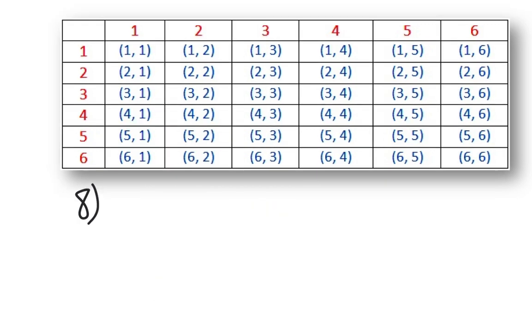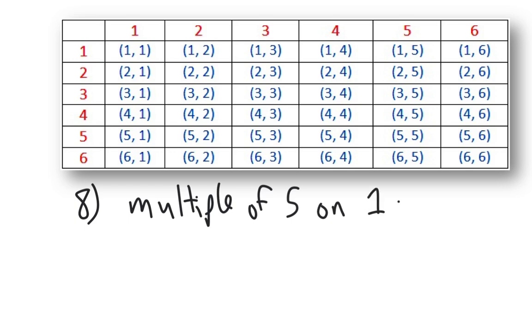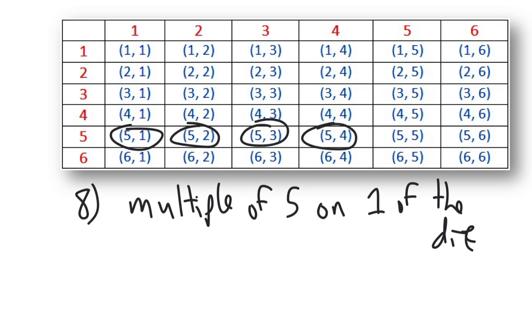Number 8, they want the probability of rolling a multiple of 5 on one of the die. So in other words, if we get a multiple of 5 on just one, so we want a 5, but we only want one 5, is how I'm taking it.